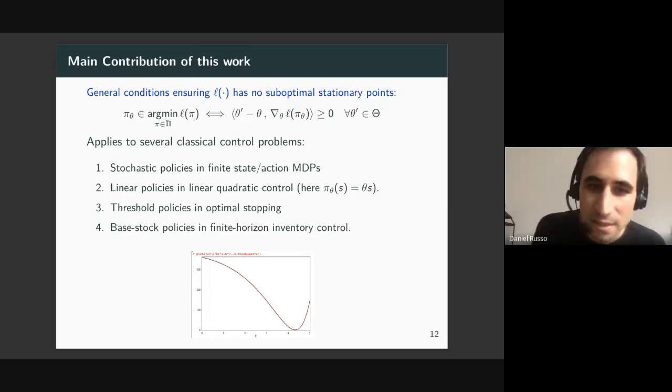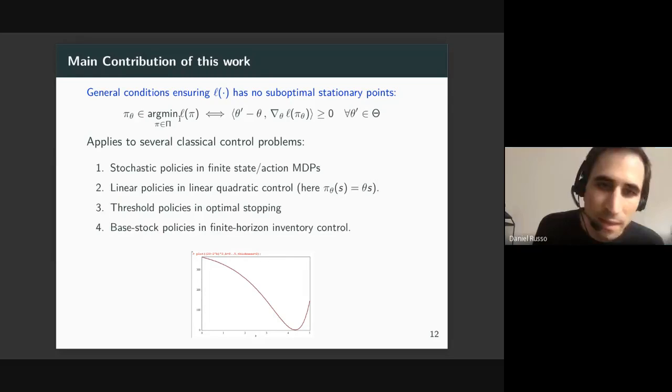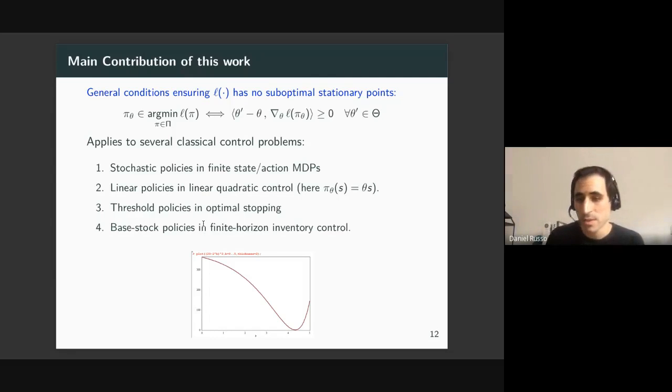But here it's actually over the class of all possible policies. In some sense, these are the same in this case because the class of parameterized policies does contain the optimum. Otherwise, it would be impossible.